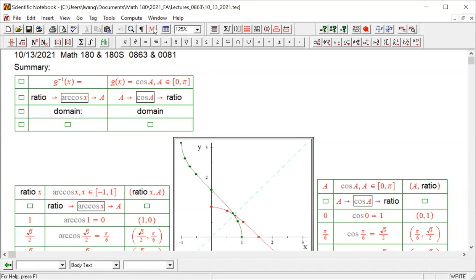Their domain and range still have that same relationship. So what's the domain for G? The domain for G is between 0 to pi, and as a result, the range for its inverse will be from 0 to pi. And the domain for the inverse, what is it?